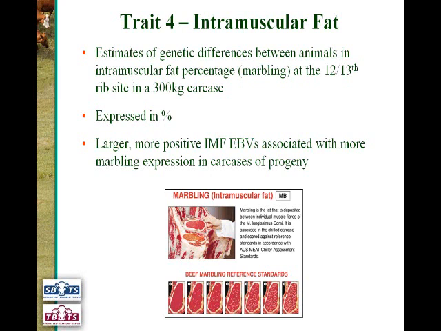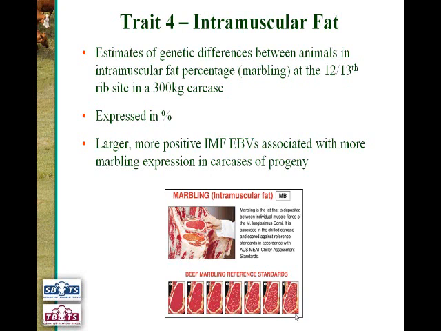Just to explain the slight difference between intramuscular fat and marbling, if we look at the diagram down below, we've obviously got the different marble scores. The marbling scores are a visual score of the amount of fat that you see within the eye muscle.